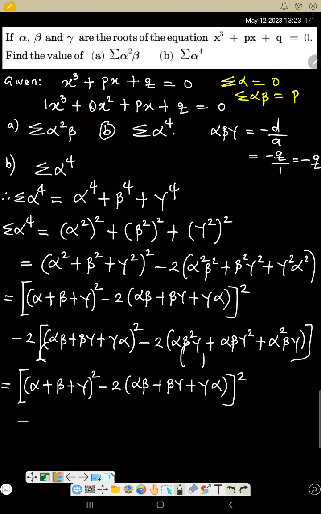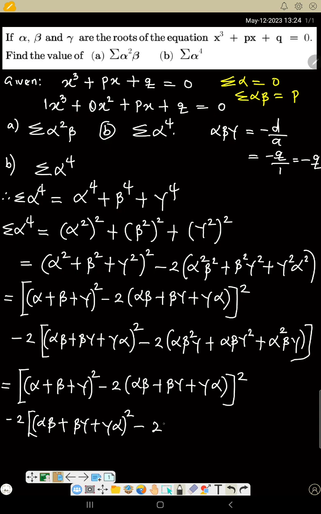So minus 2, minus 2 compound bracket now, alpha beta plus beta gamma plus gamma alpha square minus 2.